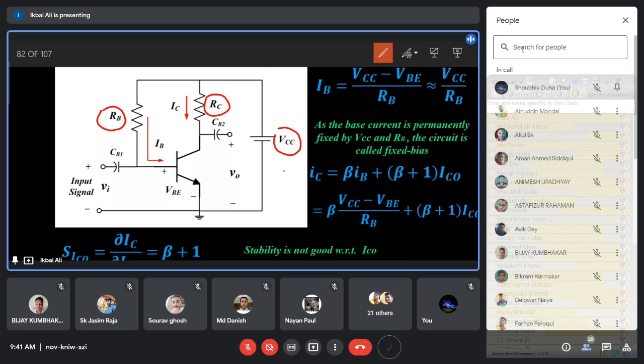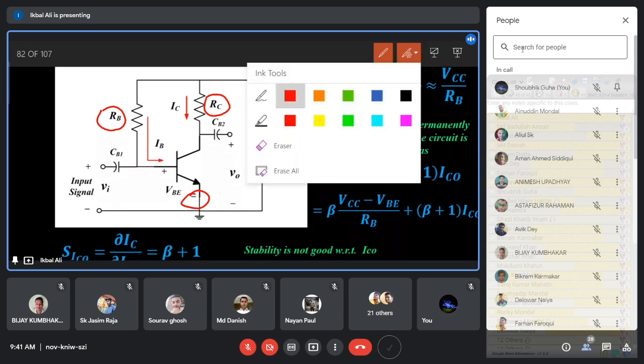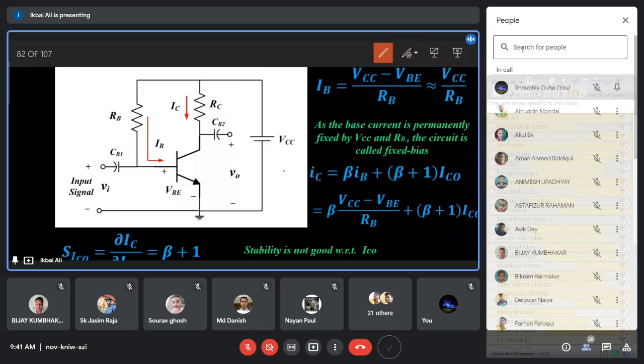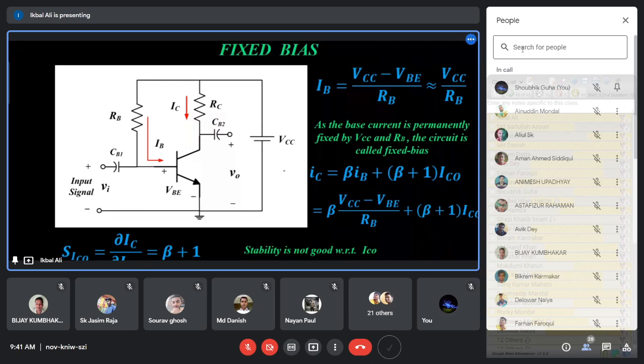There is no emitter resistance, so the emitter is directly connected to ground. This is the simplest form of the biasing circuit.